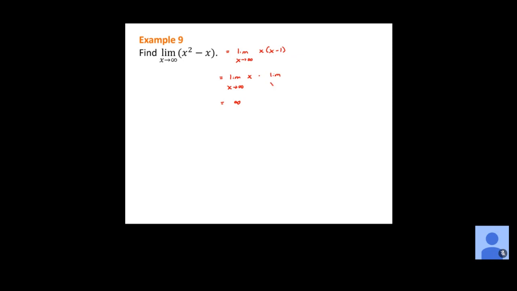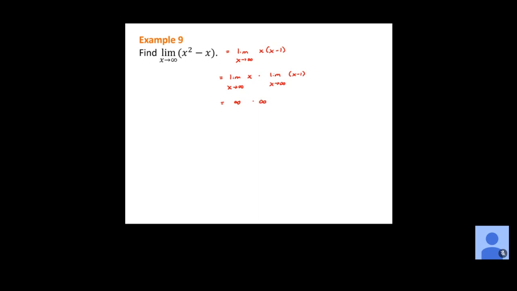Now we want to think about the limit as x approaches infinity of x minus 1. What would that limit give us? Also positive infinity, right? Because the only difference between that and x is we've got this linear function now that's shifted down 1 unit, but as we go out towards the right, it's still approaching positive infinity in terms of the y values.